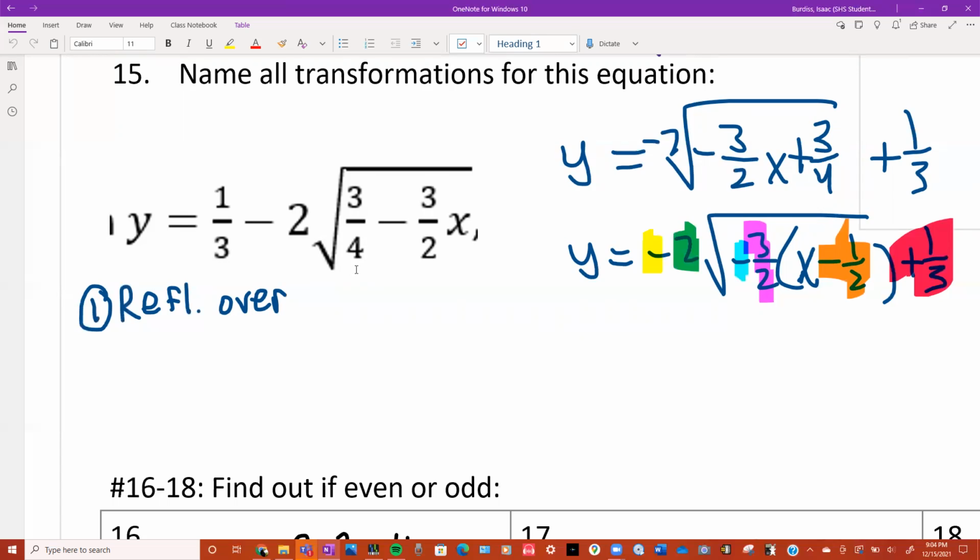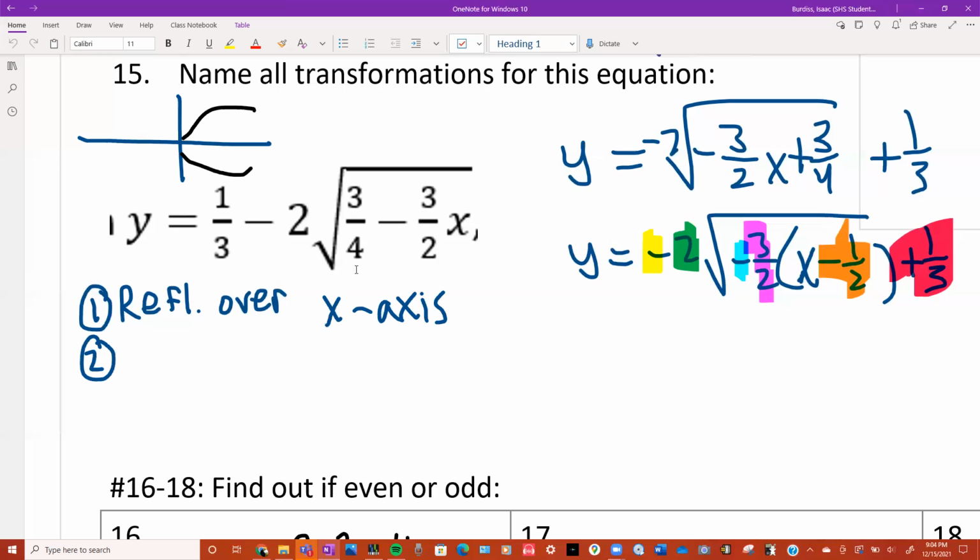And reflecting over the x-axis does that to the y. And so if you think about this, the parent function looks like this, but if you reflect over the x, that does change the y. So then it would look like that. So it's a reflection over x axis.